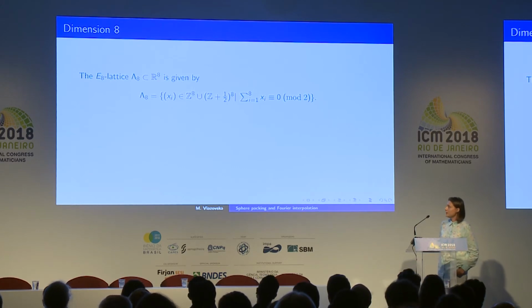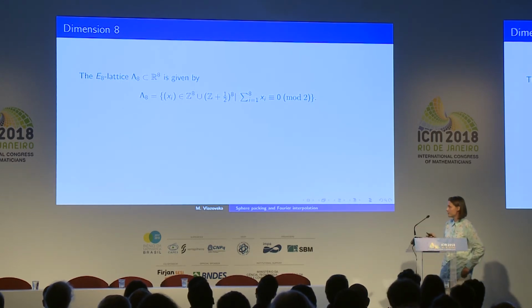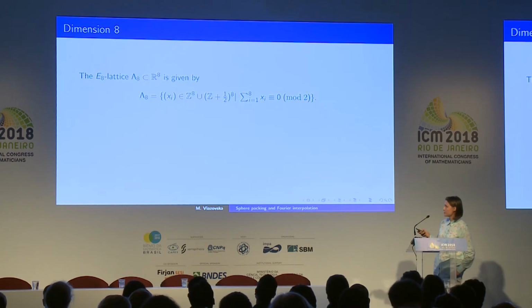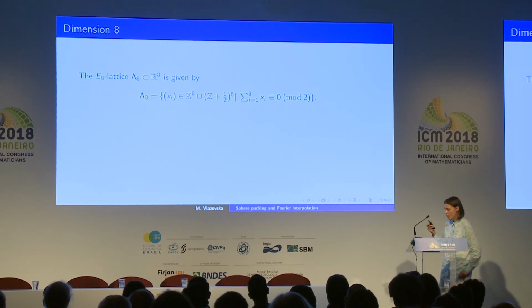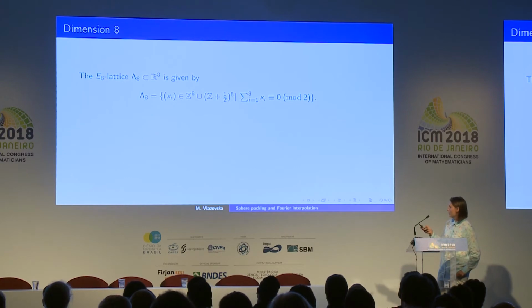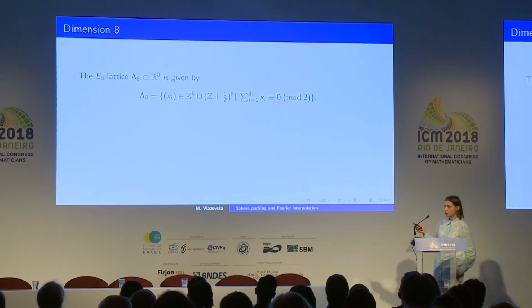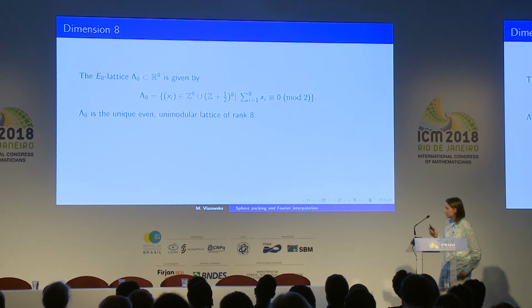In dimension 8, we have a very special, very nice configuration called the E8 lattice, which is somehow famous in all of mathematics. It has lots of nice properties, and it can be given explicitly by its coordinates. We consider all the points in 8-dimensional space such that all 8 coordinates are either integers or all simultaneously half-integers, and also the sum of all coordinates has to be 0 modulo 2.